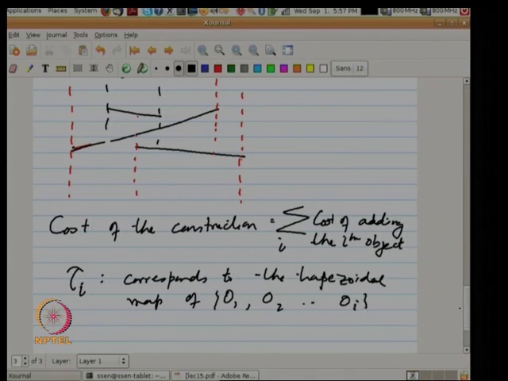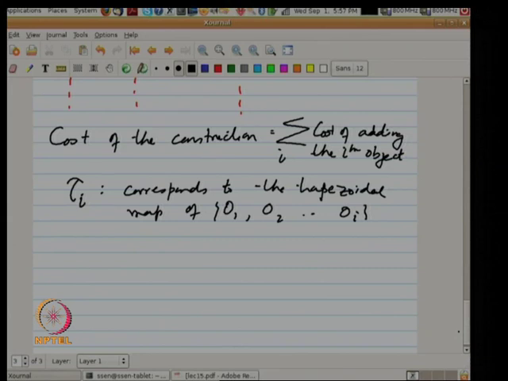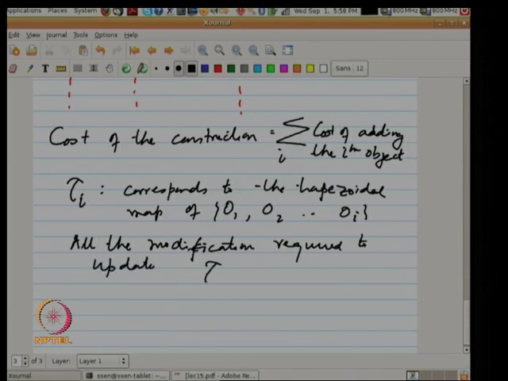Okay. So, the cost of adding the ith object is all the modifications required to update T_{i-1} to T_i.